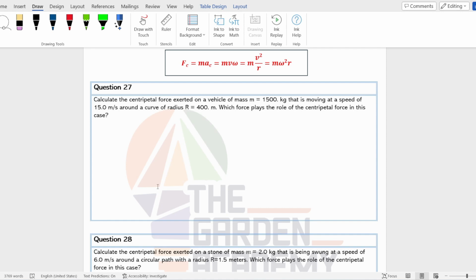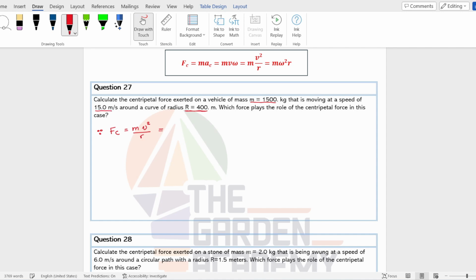Since we are asked for the centripetal force, we can use this equation directly. We say F sub c is equal to m v square over r. We notice that we are given the mass, the radius of rotation of the curve, and the speed.